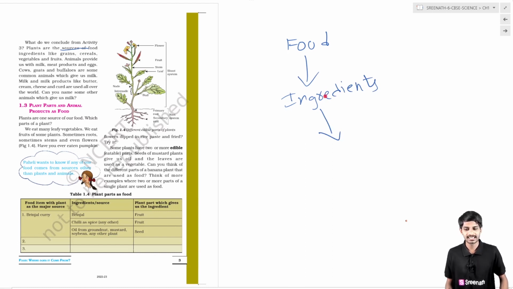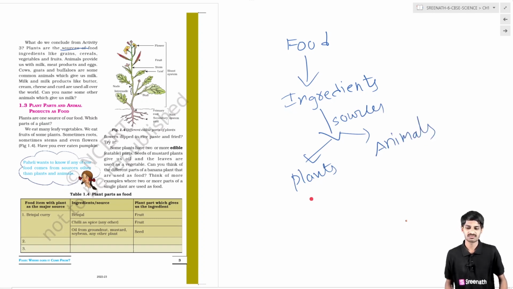How are you getting the ingredients? What are the sources of your ingredients? You are getting your ingredients from plants and animals. What do you get from plants? Vegetables, fruits, cereals, grains, etc. What do you get from animals?